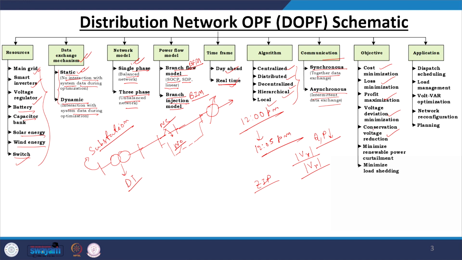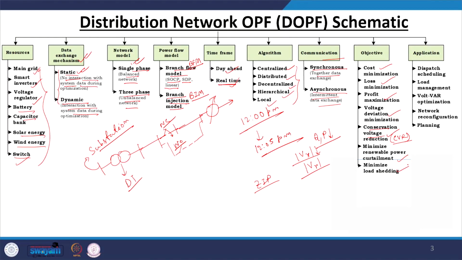So, by doing that you can implement the conservation voltage reduction technique, or in short form we call it CVR. But again, if you reduce the voltage too much, then what will happen? You will lose the system stability, or your network loss will be very high. So, there will be a trade off between your implementation of CVR from your load reduction and your loss enhancement. Then you have minimization of the renewable power curtailment and minimization of the load shedding.